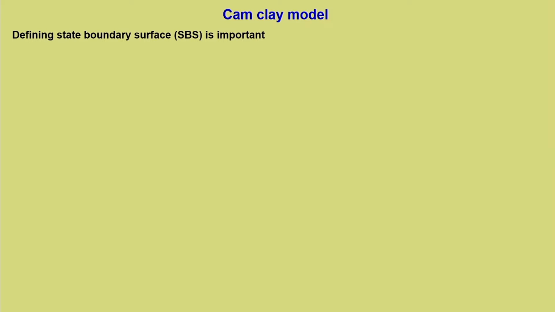Now, the name suggests that it is a kind of clay or something like that. It is not so. I would strongly recommend you read Schofield and Roth's book, wherein it is stated that Cam is the name of the river which flows beside or close to Cambridge University.